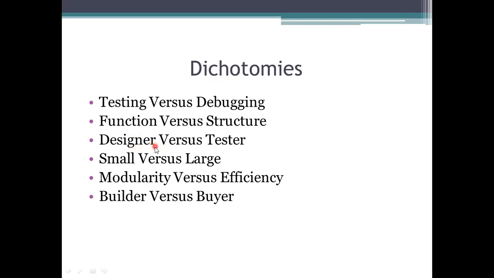What the designer designed will be given to the tester, and he will perform the testing based on the designed one. So the test design is done by one person, and the testing is done by another person.